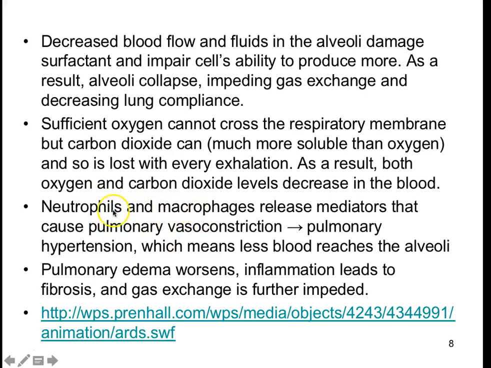Obviously with inflammation, here are your phagocytes, and that's going to cause pulmonary hypertension, but the pulmonary hypertension is the least of your problems. What's really killing you right now is the vomit in your alveolar sacs.